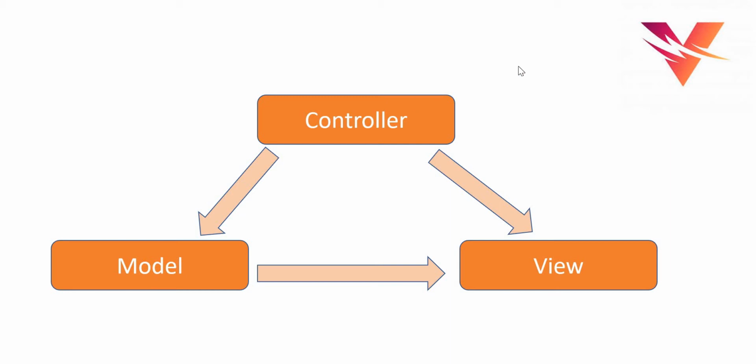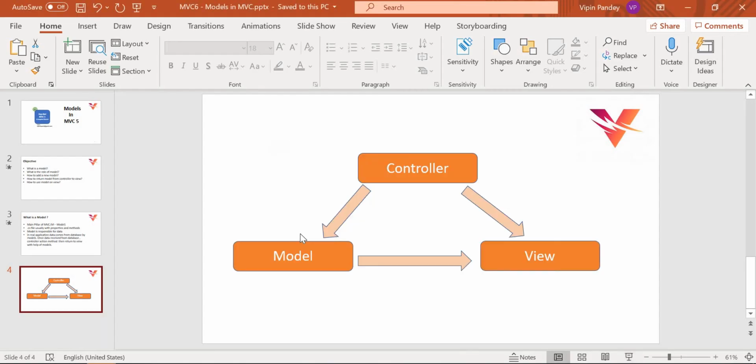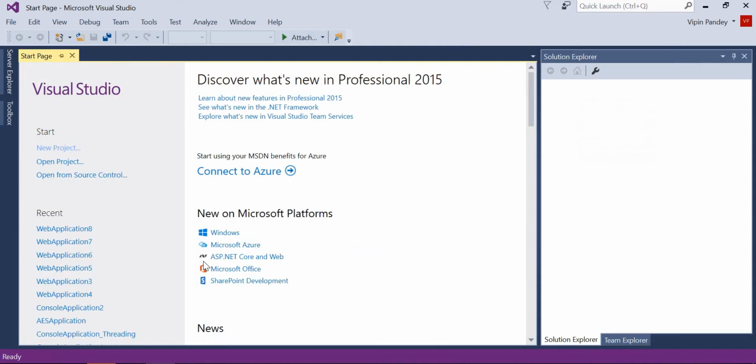Let's suppose that after hitting the database, the controller is fetching the data from the database, and now the responsibility of the controller is that it has to render the data to the particular view, right? And this can be done with the help of a model only, right? So in that case, the concept of a model comes into the picture. So let's switch to Visual Studio without wasting any time.